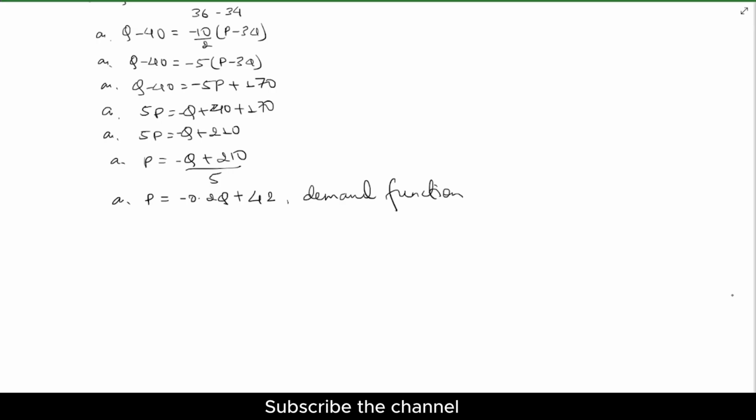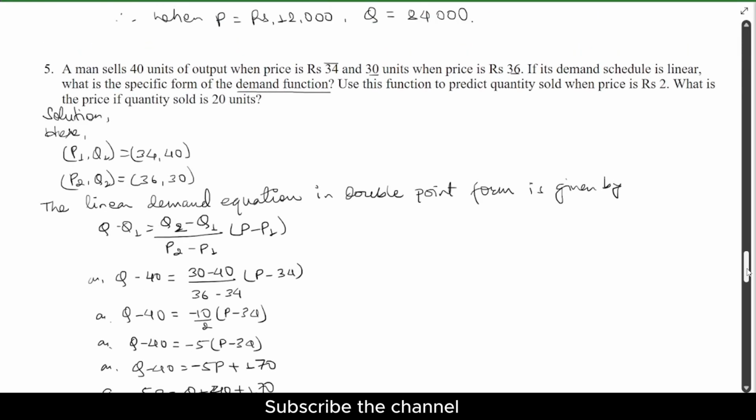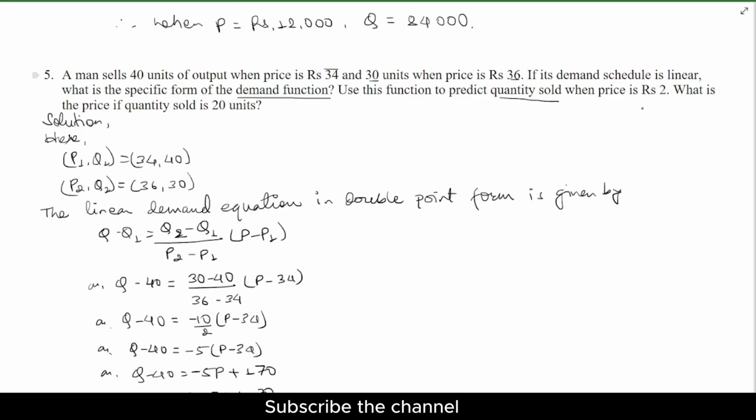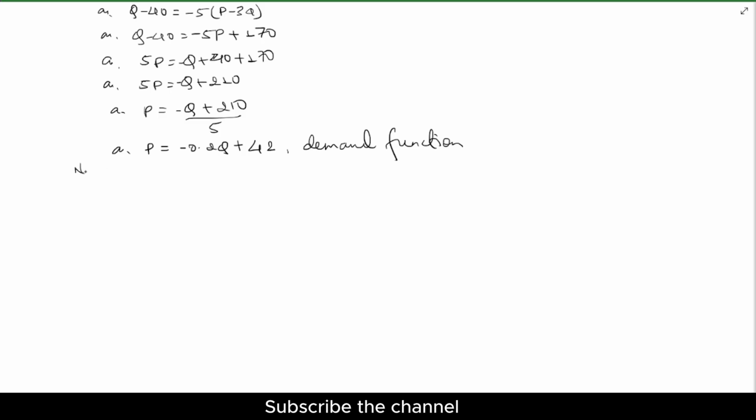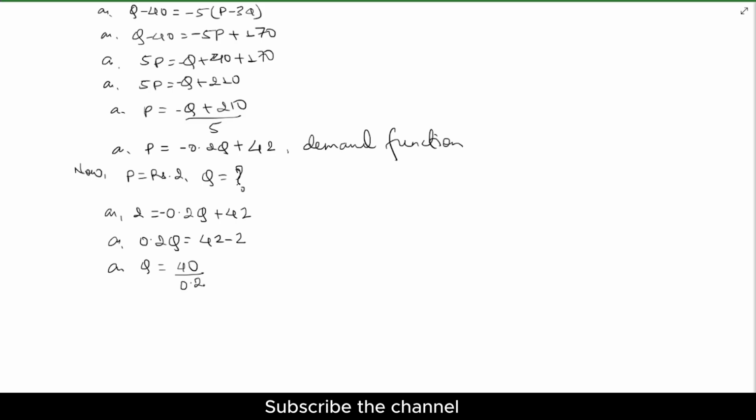Okay, and then after obtaining the demand function, we need to find the quantity sold when the price is rupees 2. When the price equals rupees 2, then what is the quantity? Price 2 equals minus 0.2 Q plus 42, or 0.2 Q equals 42 minus 2, or Q equals 40 by 0.2.